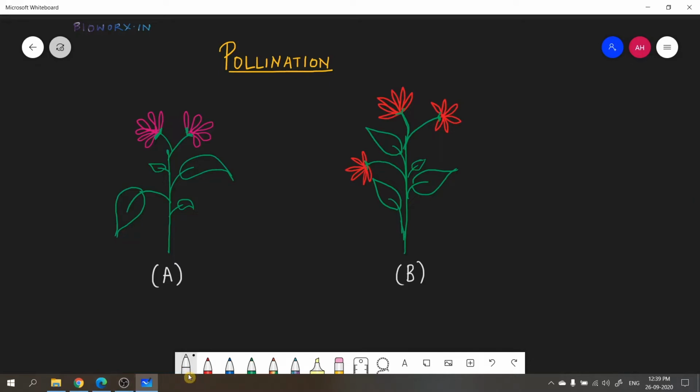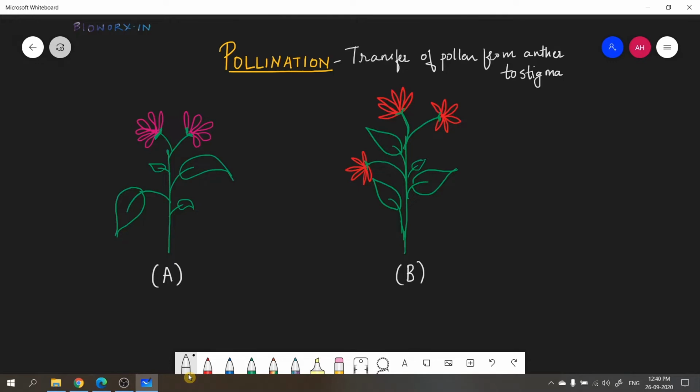Now what is pollination? Pollination is transfer of pollen grains from the anther to the stigma in a flower. So if I can write that down in short, it is the transfer of pollen from anther to stigma.